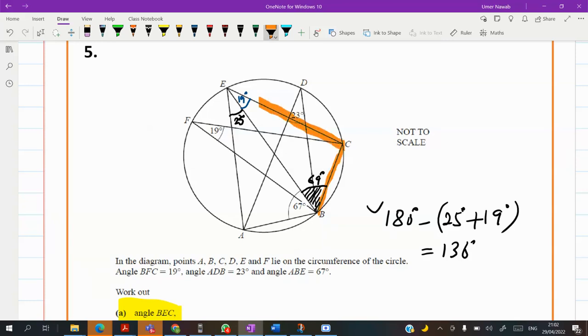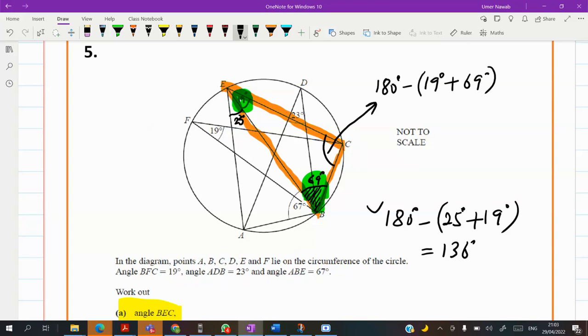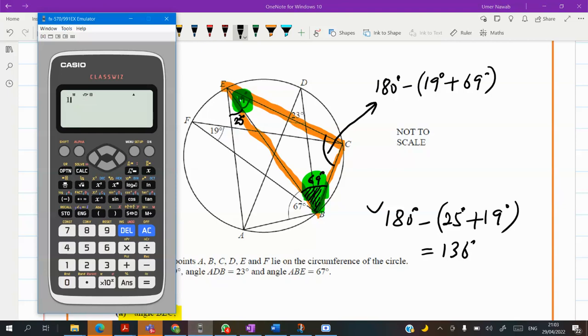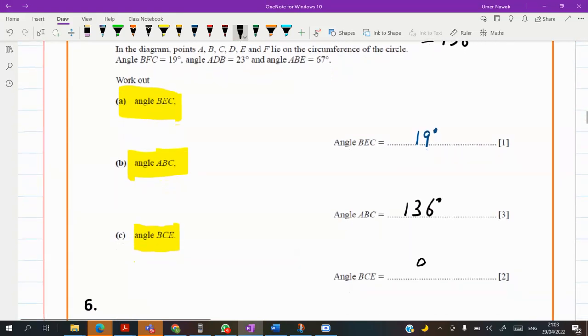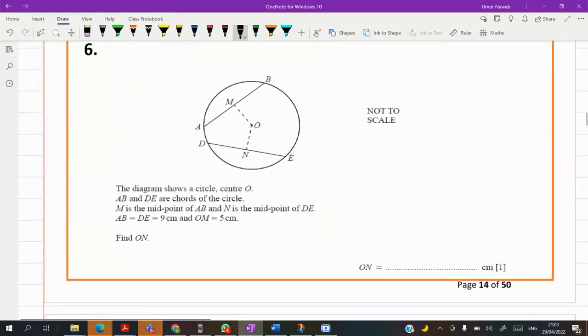Oh, wow. So I know the two angles. I know this is 19, this is 69. I can easily find the third angle by using the angle sum of a triangle. So 180 minus 19 plus 69 gives us 92. So this is 92. Next question.